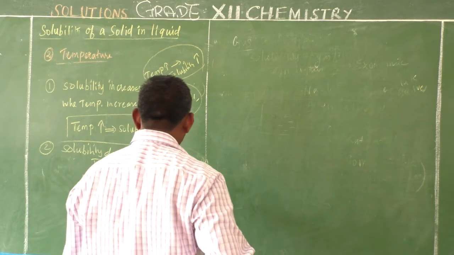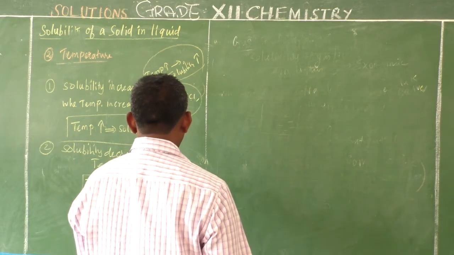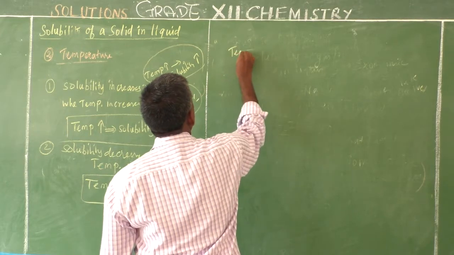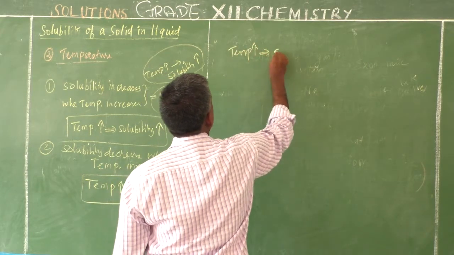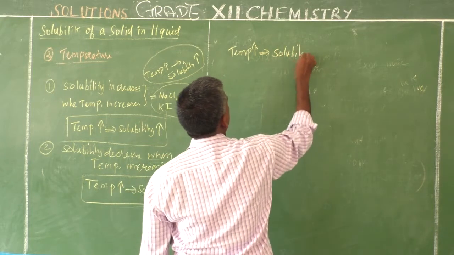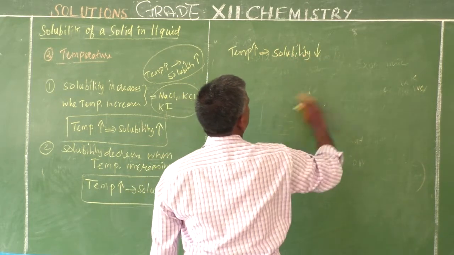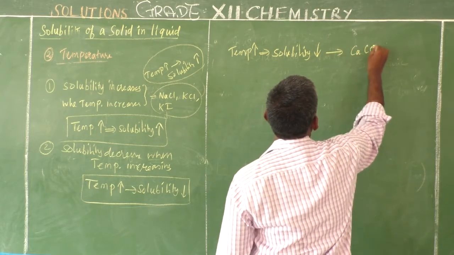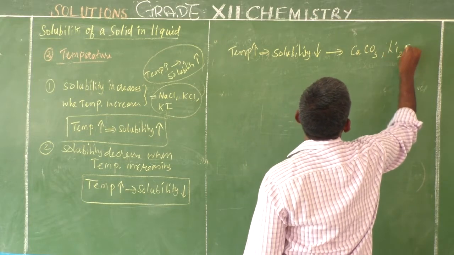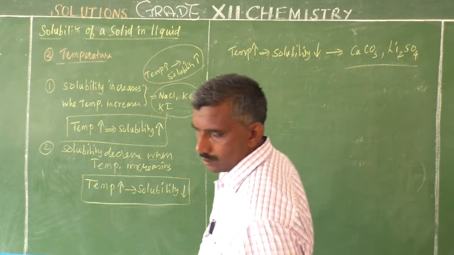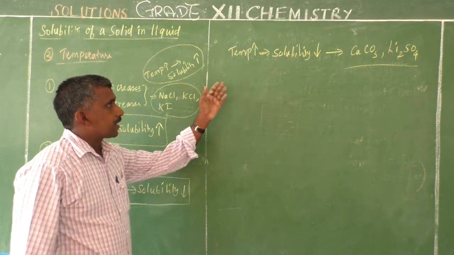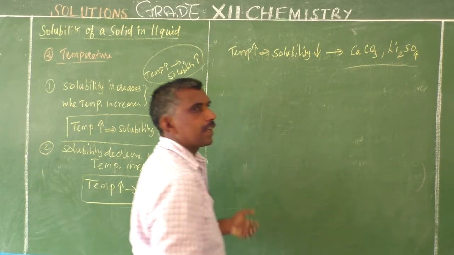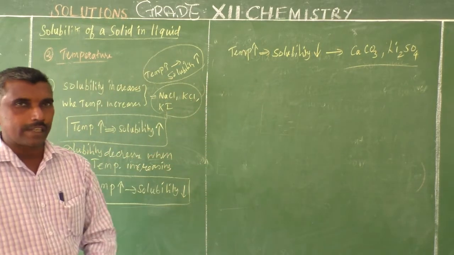Another example, calcium sulfate and lithium sulfate. These two salts, when temperature increases, solubility decreases. That is calcium carbonate and lithium sulfate. This is the exception case.